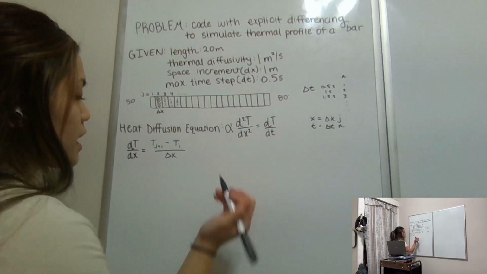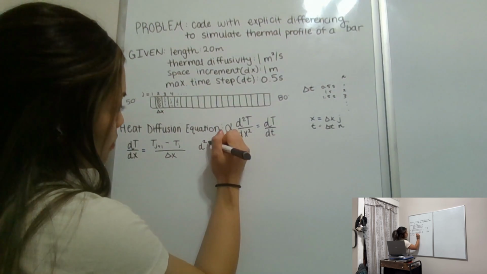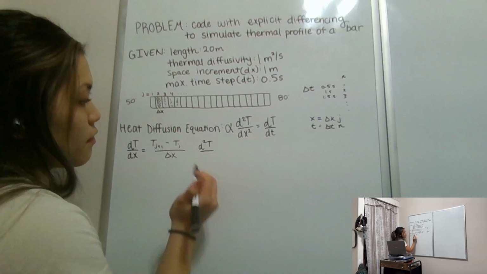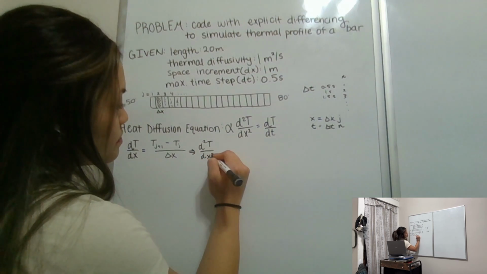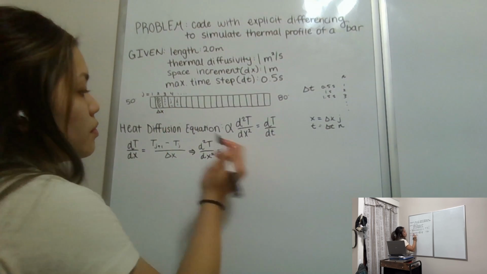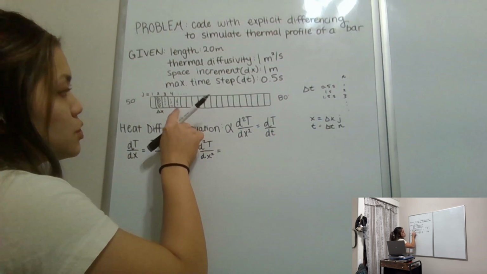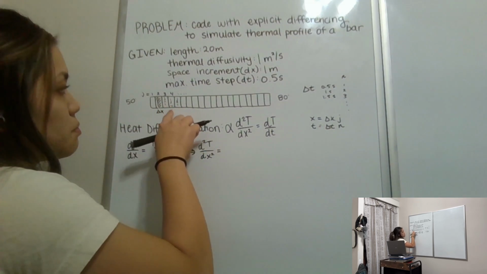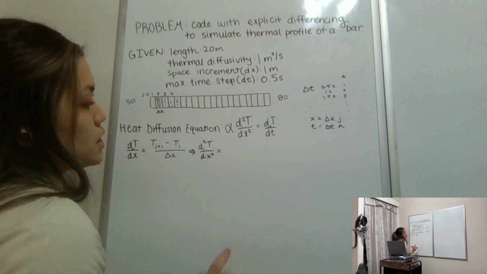If we take the second derivative of temperature with respect to position, we have the slope between these two blocks minus the slope between these two blocks, all over the change in position.